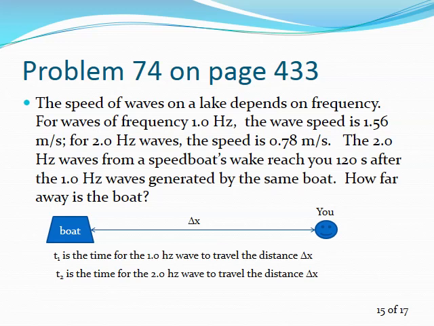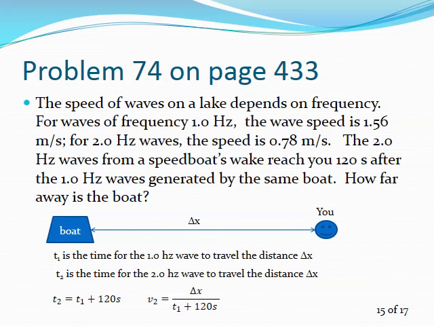I'll make T2 the time for the 2 hertz wave to travel a distance x. Well, I know the relationship between those two. I know that after the 1 hertz wave reaches me, that's time T1, it takes another 120 seconds for the time T2 to reach me.